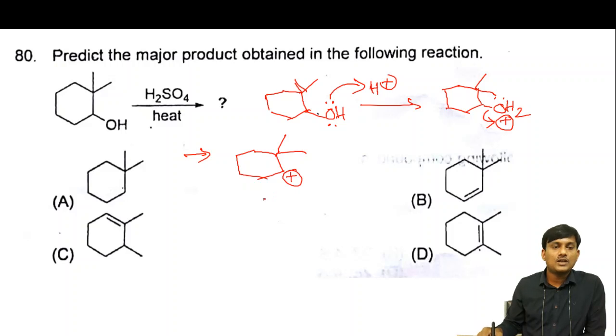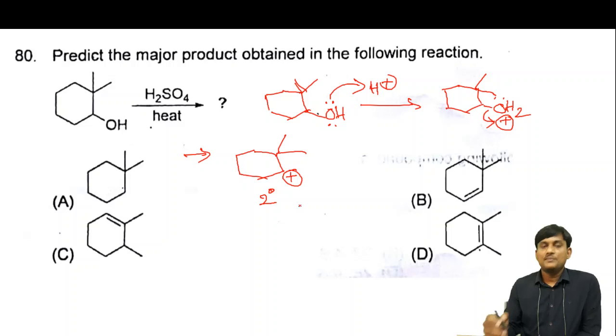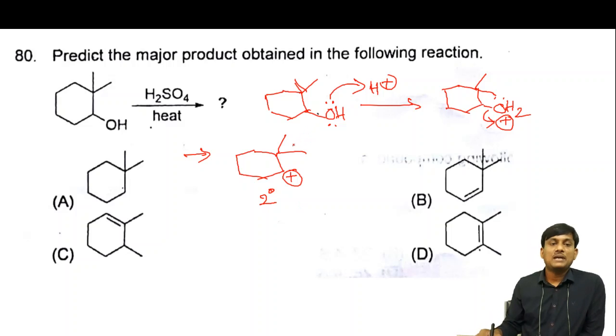It's a secondary carbocation. When there is a possibility of migration of methyl group or alkyl group, when there is a possibility of formation of a more stable carbocation, that is tertiary carbocation, by rearrangement, then there is a migration.